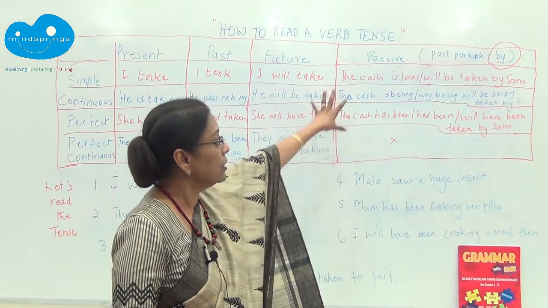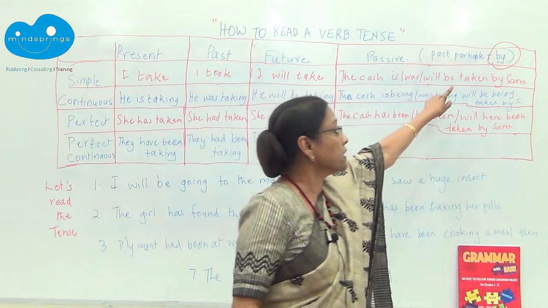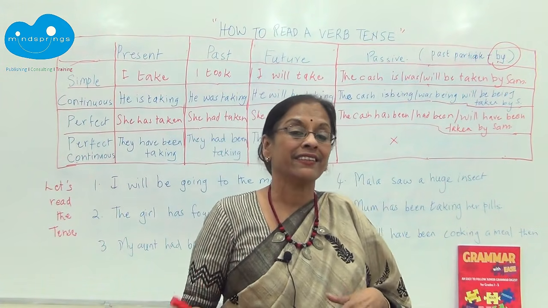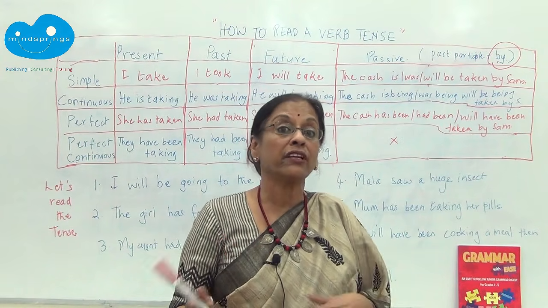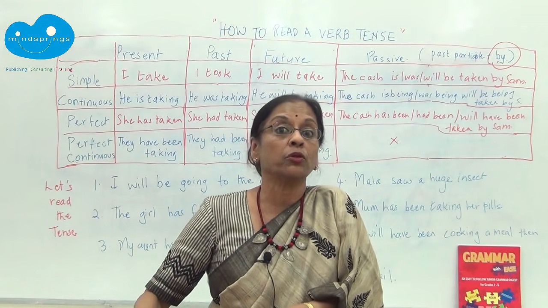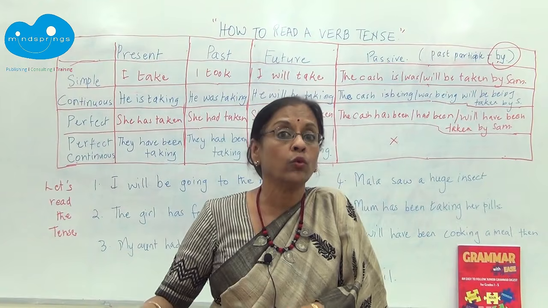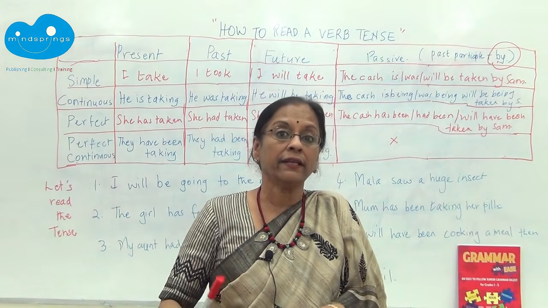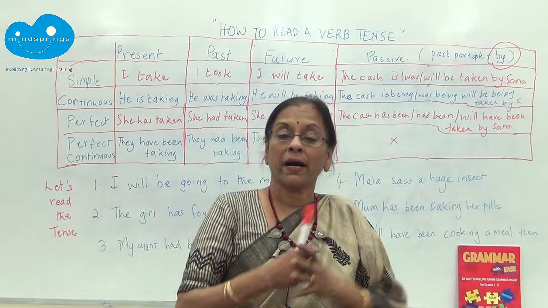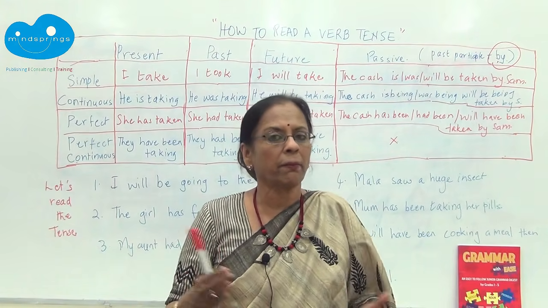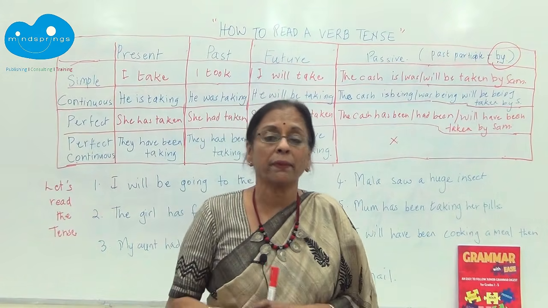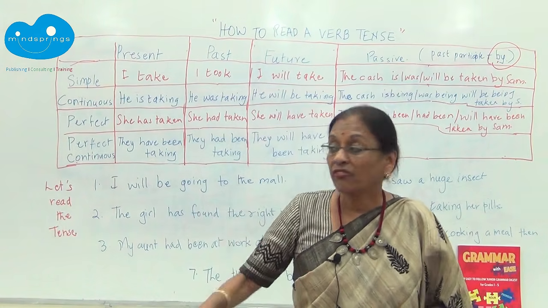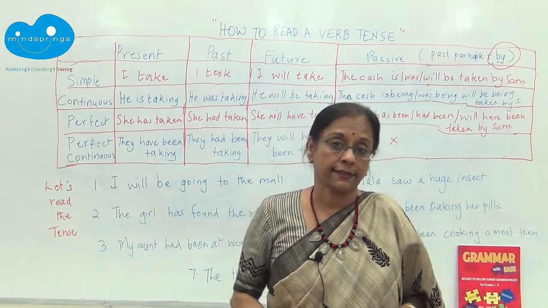So you will always find a past participle: will be taken, has been killed, has been found, had been found. You'll always be able to put a by. Has been found by whom? By the police. Has been taken by whom? By mother. So you'll always be able to put a by in a passive sentence and you'll know it's a passive verb. So differentiate between the active and passive verbs before you start identifying what the tense is.